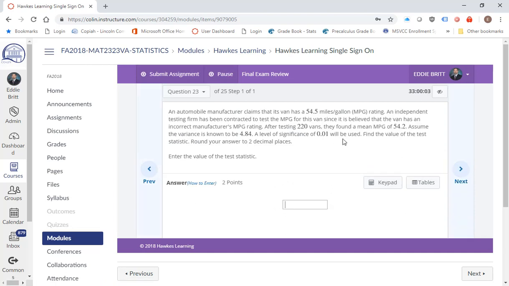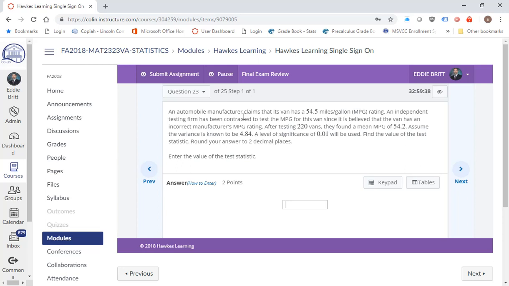All right. This problem, find the value of the test statistic. To find the value of the test statistic, we just follow the formula, right? What are we given? We have a claim of 54.5.